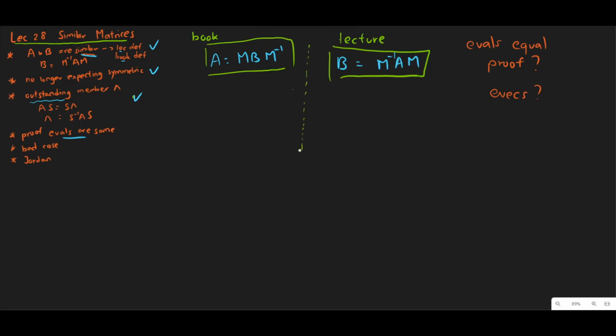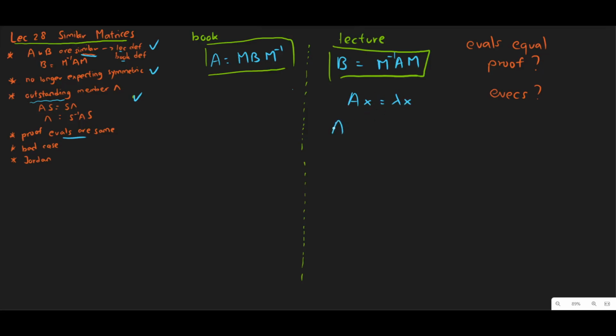So B is similar to A, given B is M inverse A M, and let's start with the known fact that A times the eigenvector x equals the eigenvalue lambda times the eigenvector x.